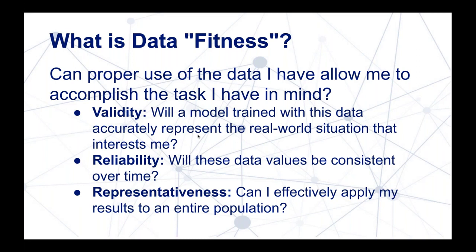If I come back to these data, or perform these measures again, am I going to get something wildly different because of some factor or circumstance that I wasn't aware of when I started? And representativeness is the question of whether I can effectively apply my results to an entire population, something beyond the particular instances that are represented in my training data set.